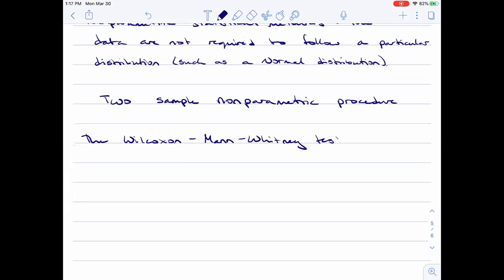What happened was, I think Wilcoxon was working on a method, and then Mann and Whitney were working together on another method. They basically landed at the same idea, so we just use them as a combined method.